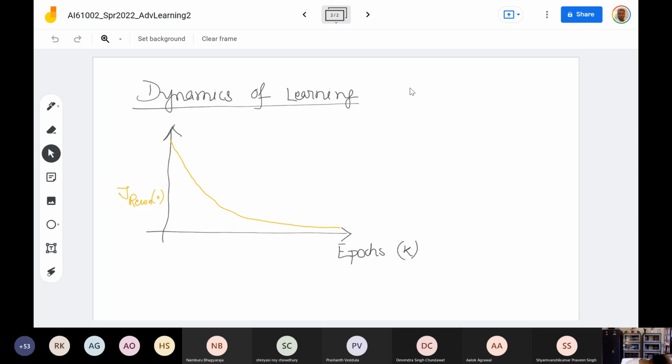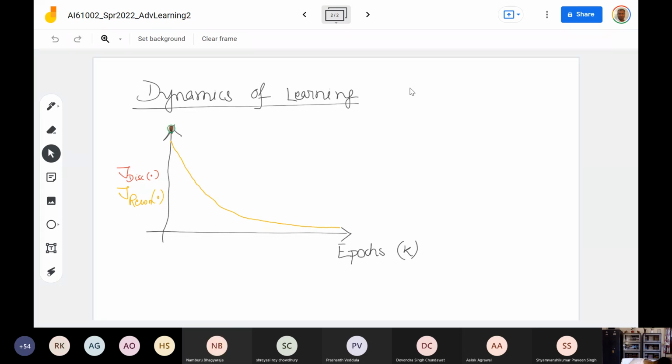Now, on the other hand, I'm plotting J adversary, or say J discriminator. Initially the discriminator neural network has to learn, so that will also have a high loss.